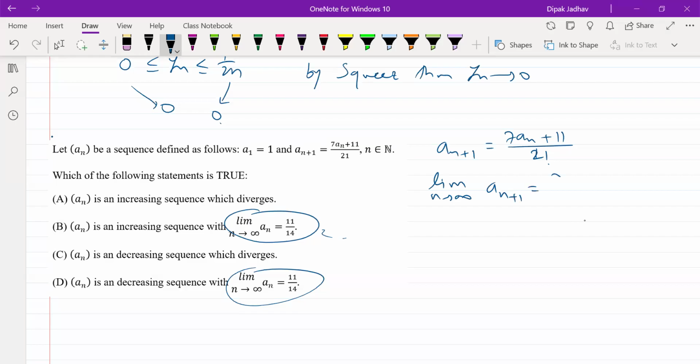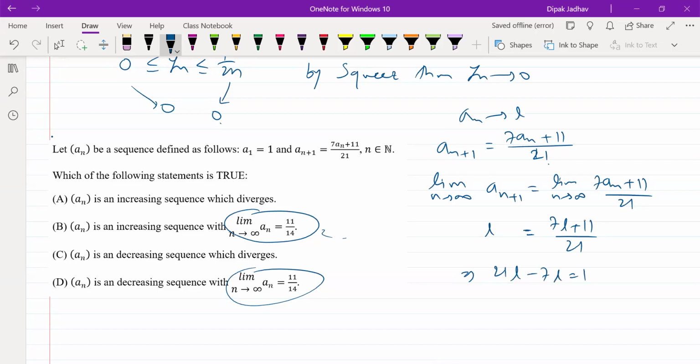Limit as n tends to infinity of a_(n+1) is equal to the limit of (7a_n + 11)/21. If you assume that a_n goes to L, then you'll have L on the left-hand side and (7L + 11)/21 on the right. Let us simplify: 21L minus 7L is equal to 11.